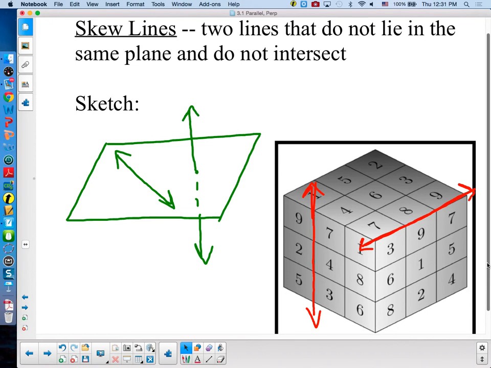This could be slanted a lot of different ways. Those two dowels do not touch, they don't intersect, but they're not both on the same flat surface. One's on it, one goes through it. So that would be skew. Got to be careful that you don't draw it so that they touch. That's not skew. They have to not touch.